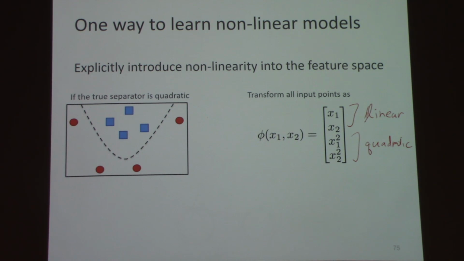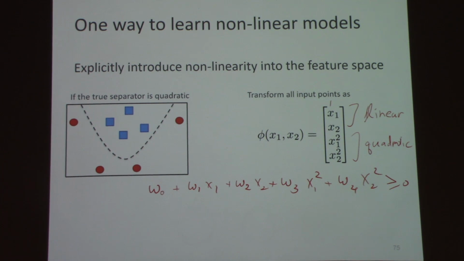What this means is, if you eventually learn a classifier on this new space, phi, the separating hyperplane will look something like, let's say there's also a bias, W0 plus W1 x1 plus W2 x2 plus W3 x1 squared plus W4 and so on. The predictor looks like this, right?